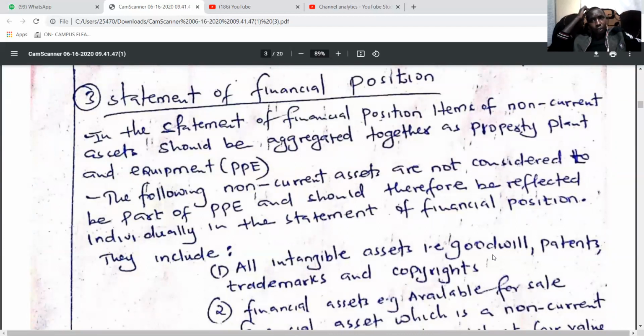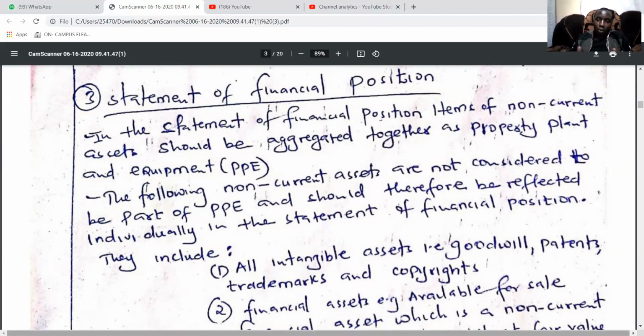Under this statement of financial position, remember there's this aspect of tangible non-current assets. So that is what I said, that you have to aggregate them together and you present them as property, plant, and equipment. So in the statement of financial position, items of non-current assets should be aggregated together as property, plant, and equipment.